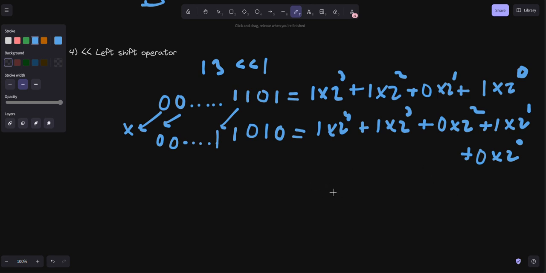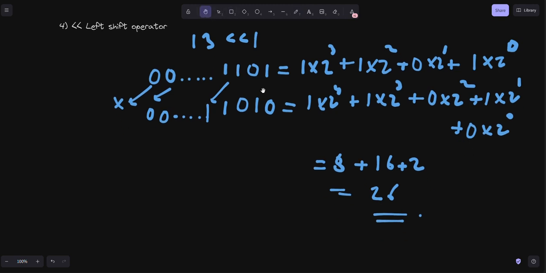What will be the value? 16 plus 8 plus 2, which is 26. So 26 will be the new value if you left shift 13 by 1.